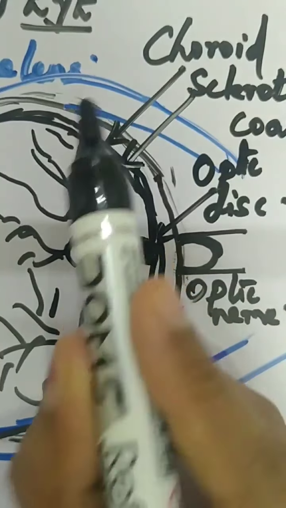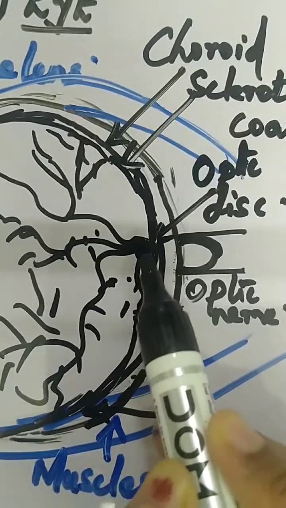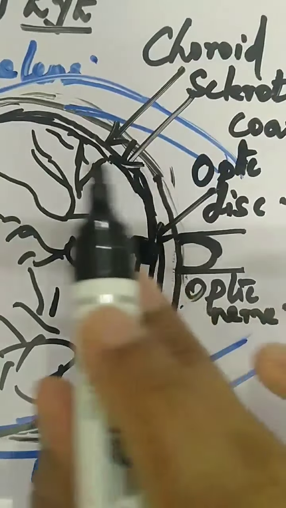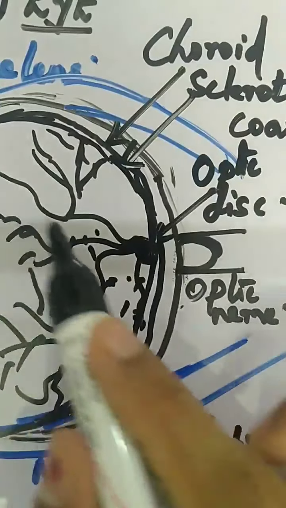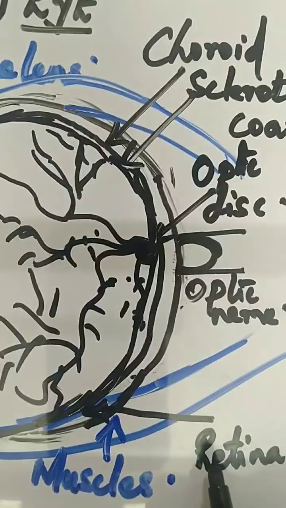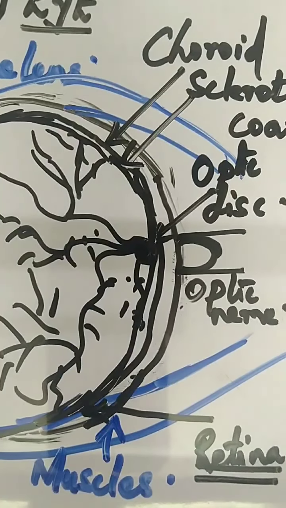You should not forget that. Optic disc, the circle, and from there the nerves, optic nerves. Then we have the screen, that is the retina. Retina is the screen on which the image is formed. So retina should be labeled. Don't forget it. So here we have completed the diagram of the human eye.